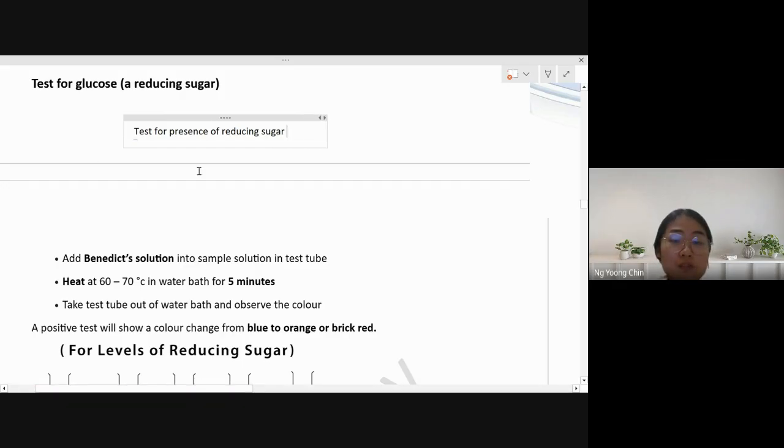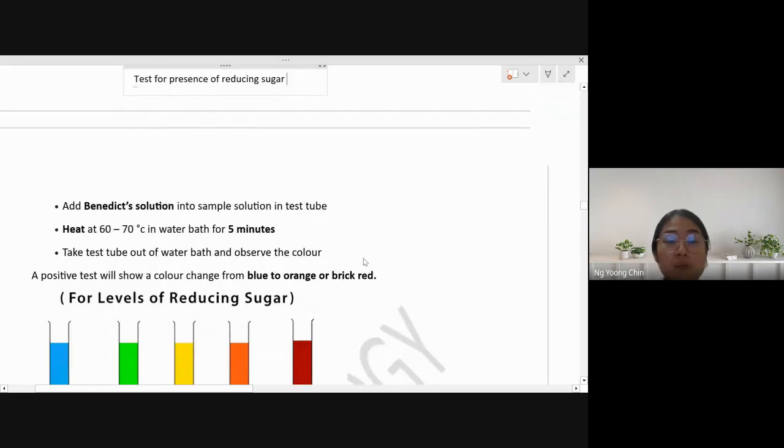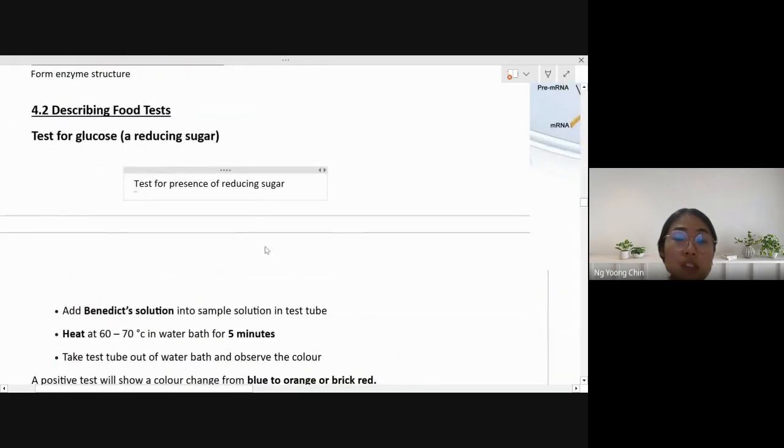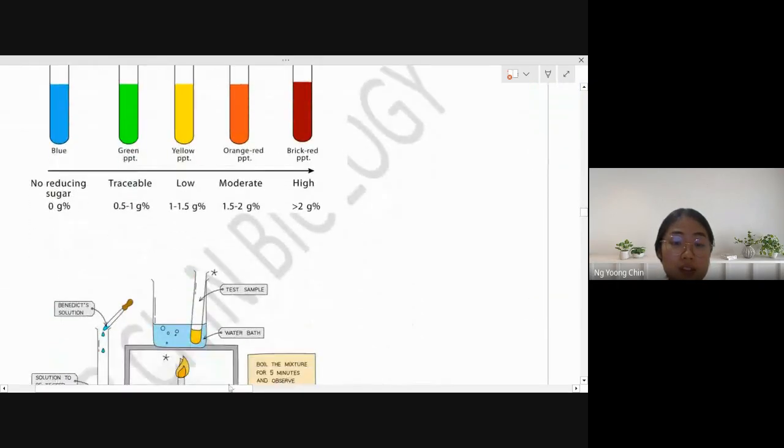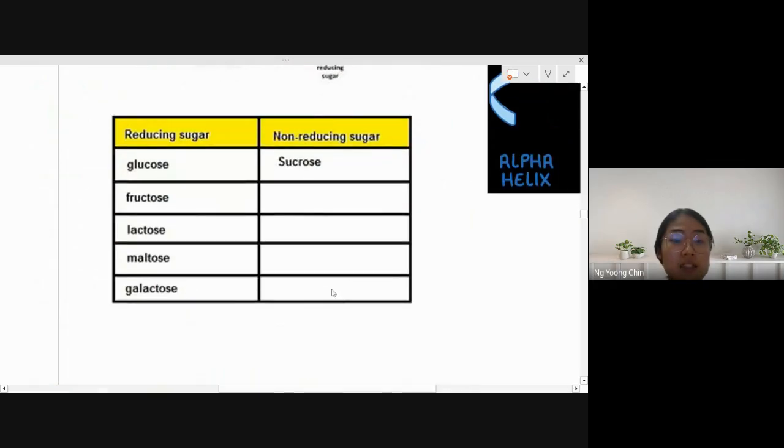What is meant by reducing sugar? In your syllabus, you learn about these sugars: glucose, fructose, lactose, maltose, galactose. Those are the reducing sugars. And the one non-reducing sugar is sucrose. Sucrose is the only non-reducing sugar.